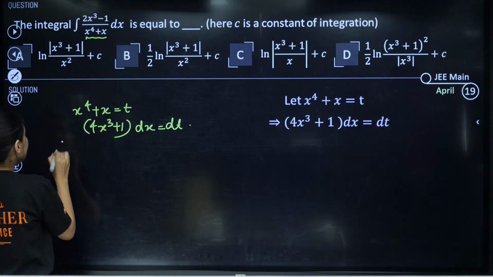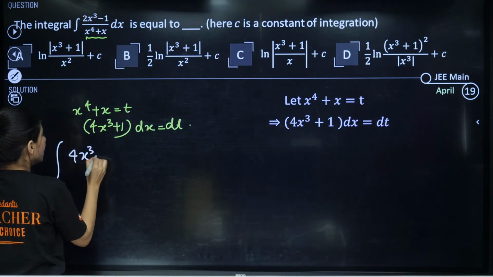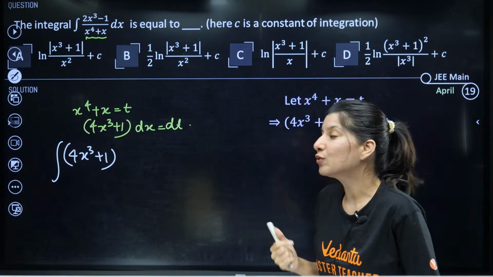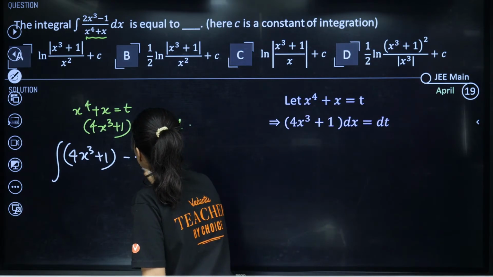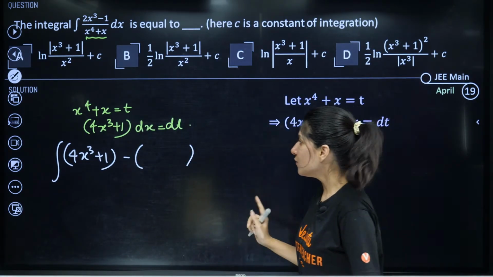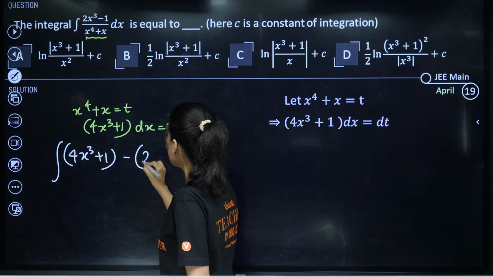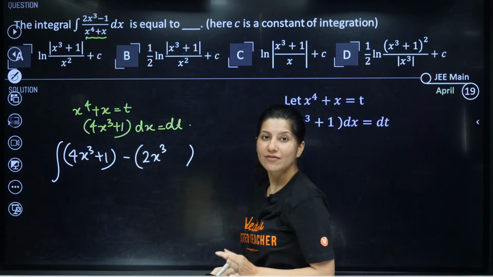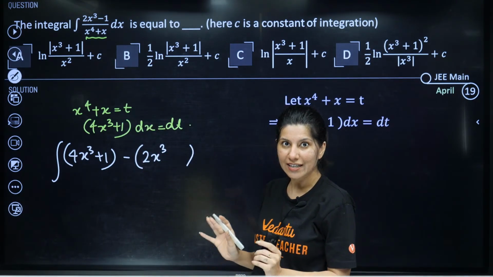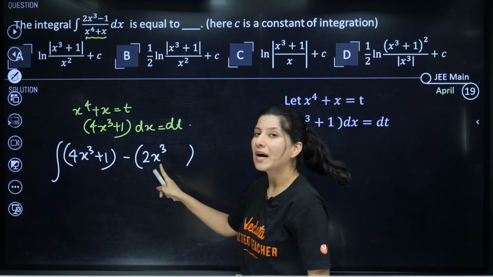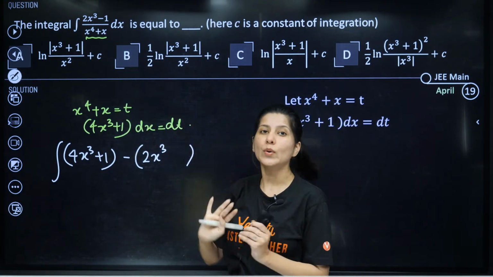So, I have created 4x cube plus 1, but I have to subtract something, so that the overall result is 2x cube minus 1. First of all, 4x cube is there, so we have to remove 2x cube. The final numerator should be 2x cube. So, 4x cube minus 2x cube is 2x cube.